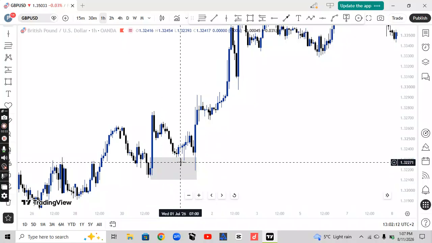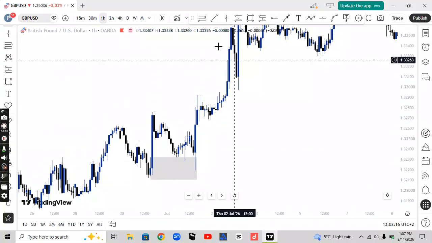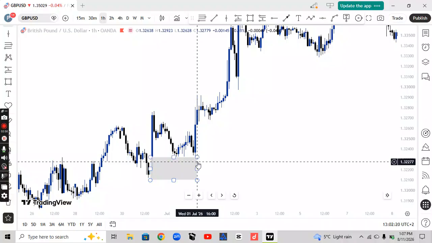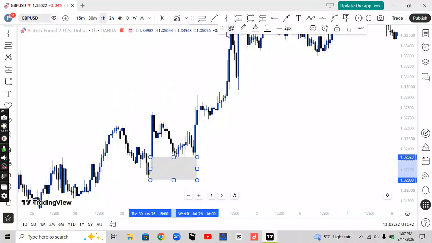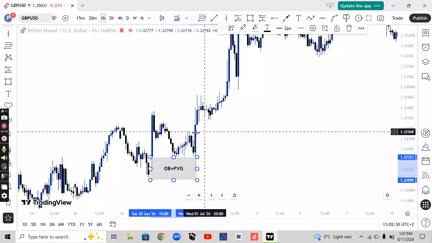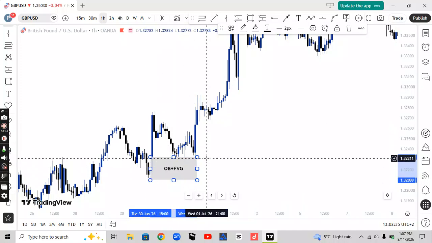That is your order block, and you see the market respects the order block. An order block that has a fair value gap, that's what validates your order block.